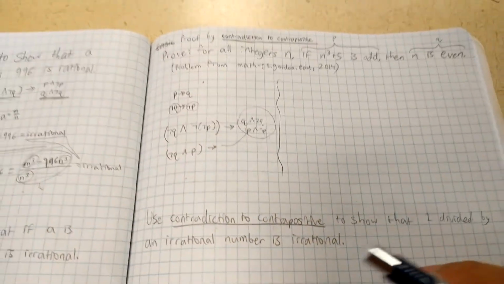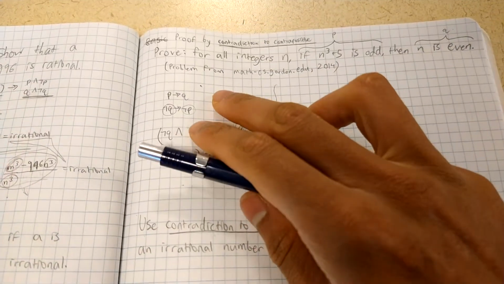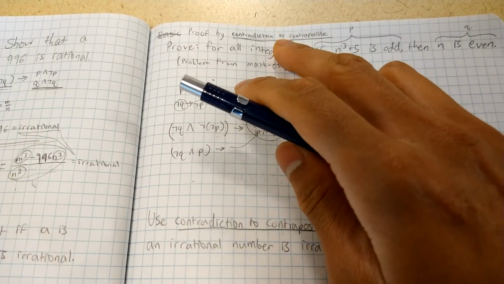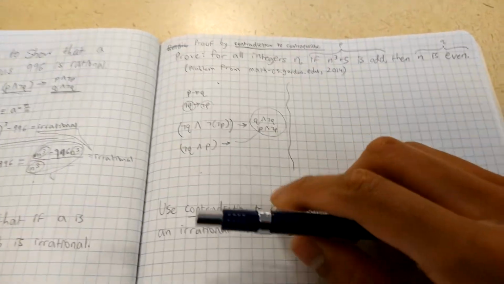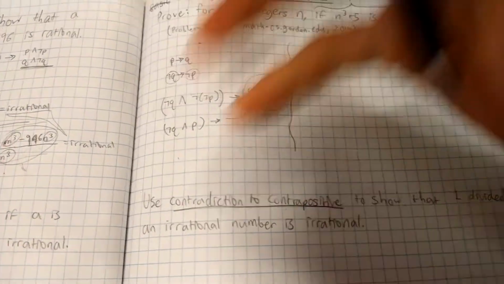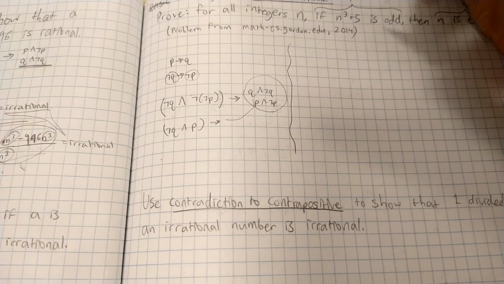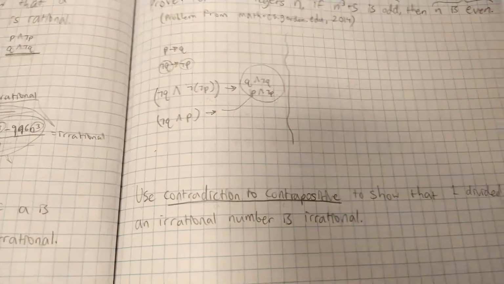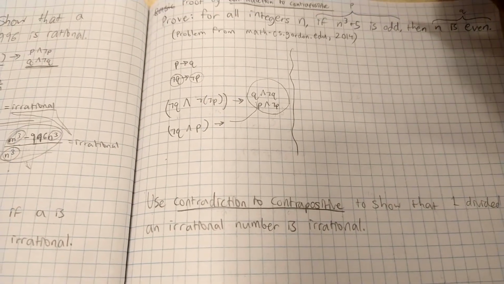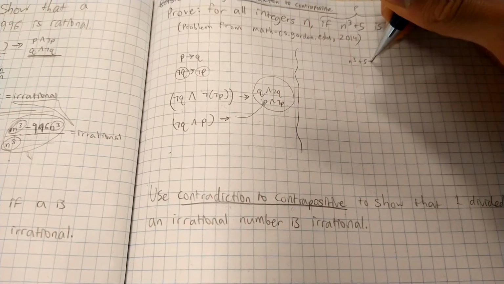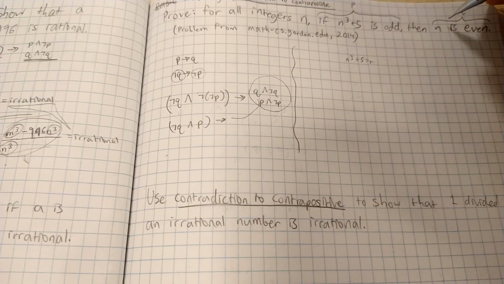By the way, in case you were wondering why I would use proof by contradiction to contrapositive instead of just contradiction, it's because if I was to just use contradiction, I would have to prove it in a certain way. I would have to first show that n cubed plus 5 is odd, and then derive n is even.